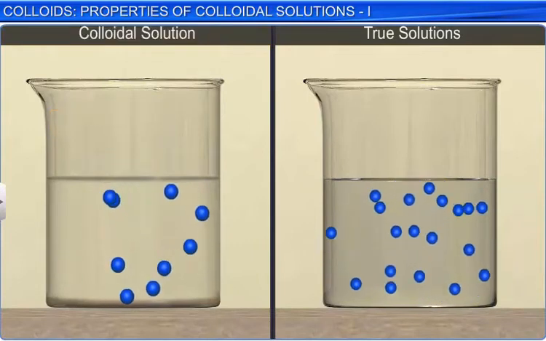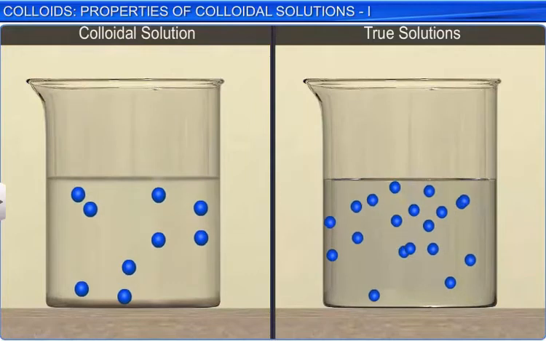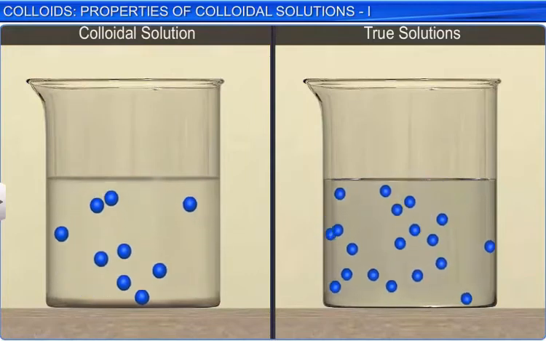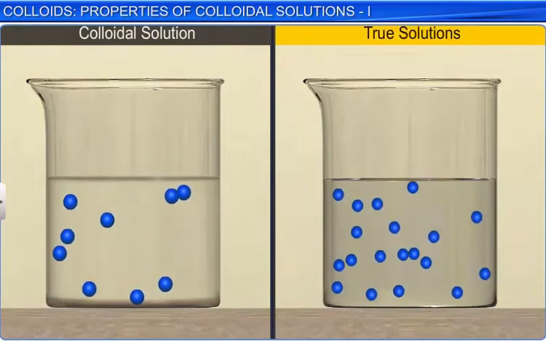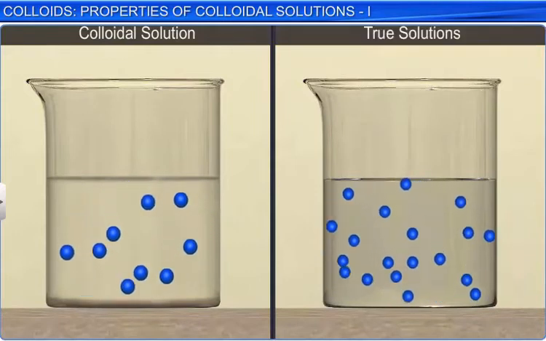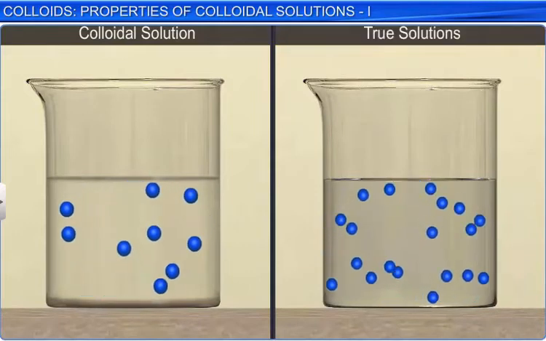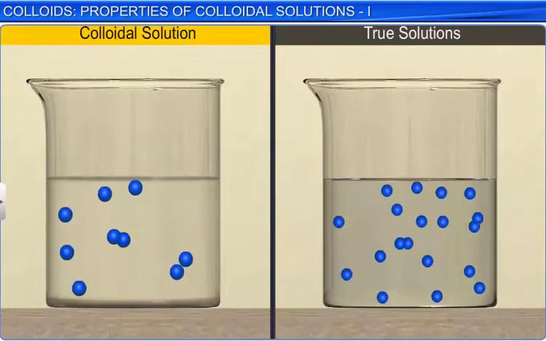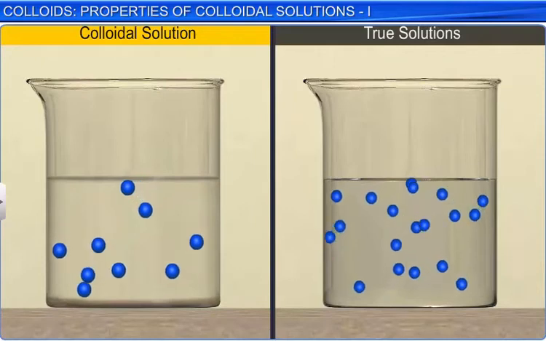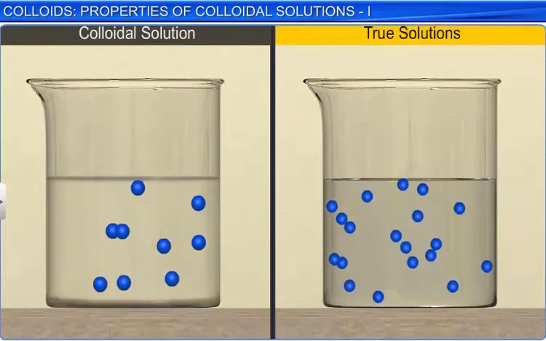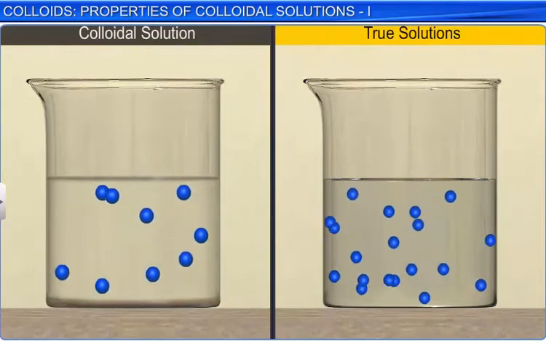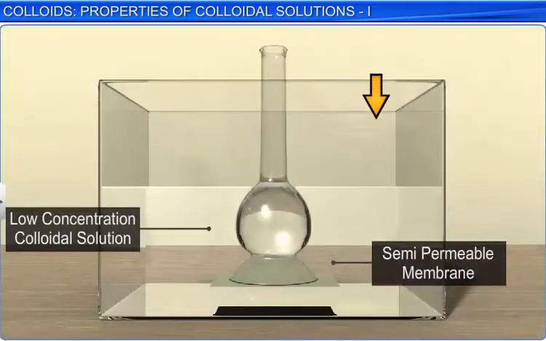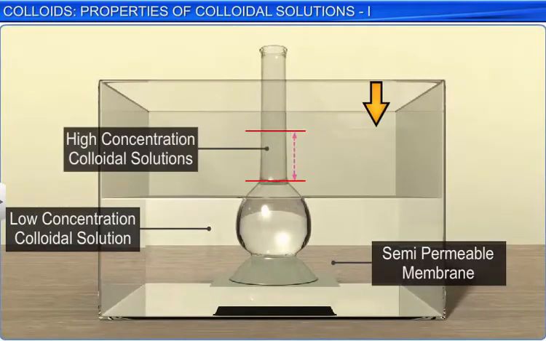Therefore, the number of particles in a colloidal solution is small as compared to that of a true solution. Hence, at a given concentration, the value of any colligative property of a colloidal solution is of a small order as compared to the value shown by a true solution. However, colloids exhibit measurable osmotic pressure, which can be determined with a reasonable degree of accuracy.